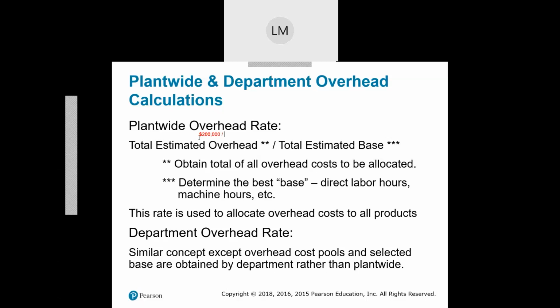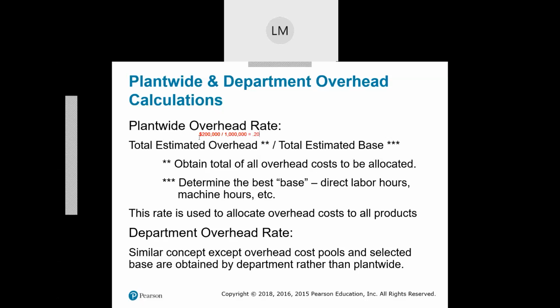And let's say I expect to use next period 1 million machine hours. So what is my allocation rate? That for every machine hour I'm going to incur, I'm going to assign overhead. So 200,000 divided by 1 million, and that gives me 20 cents.